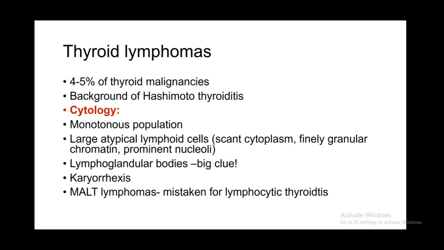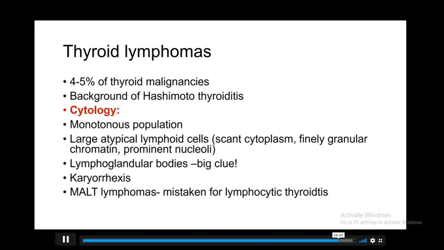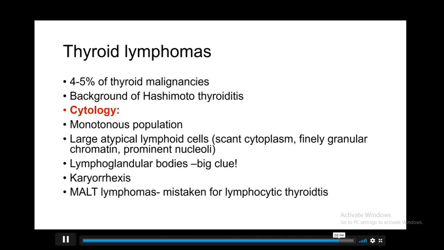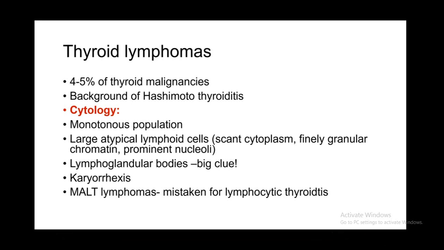But in this case, we saw that in the biopsy there was some fibrosis, and probably because of that, the aspirate showed a lot of pleomorphism, and the first aspirate was not very cellular, but mainly showed pleomorphic large-looking cells, which resembled anaplastic carcinoma. So lymphoglandular bodies are a big clue on Giemsa. Karyorrhexis also favored high-grade malignancy.